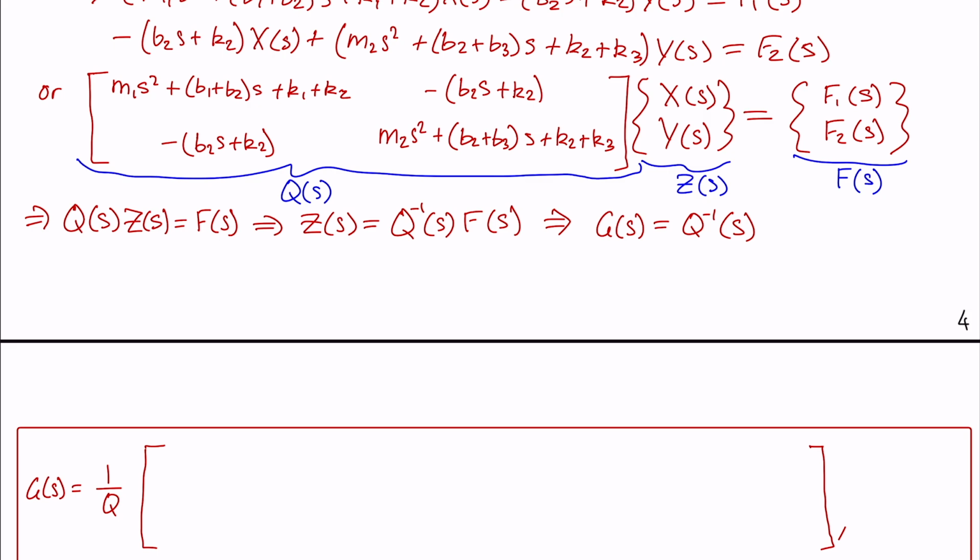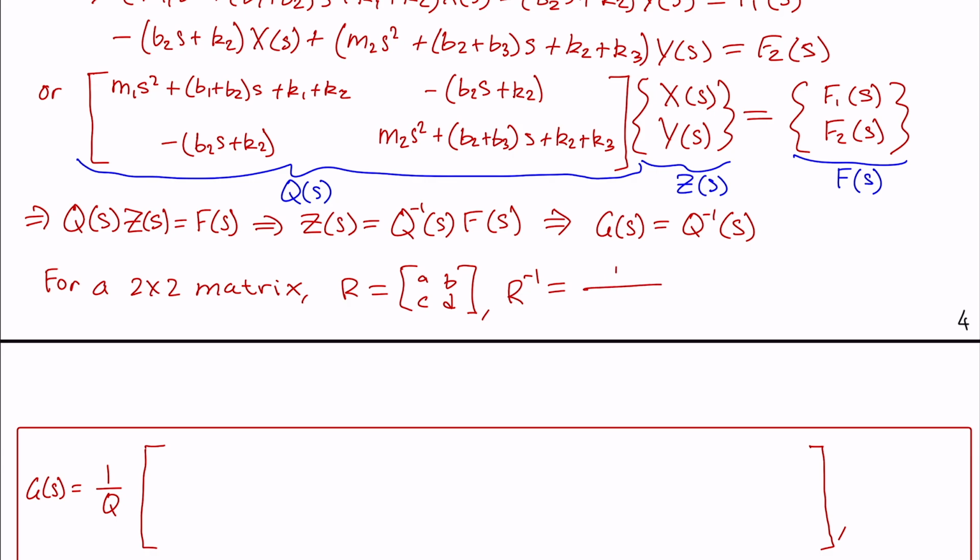All right, so for a 2 by 2 matrix, let's say R is equal to A, B, C, D. The inverse of R is going to be equal to 1 over its determinant, which is A D minus B C, times the matrix D, minus B, minus C, A. Oh, I shouldn't have used Q up here.